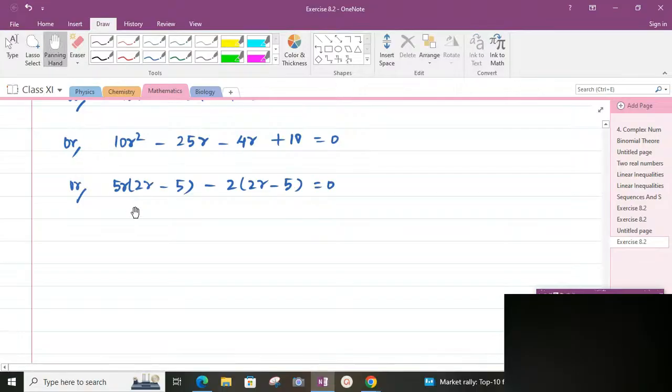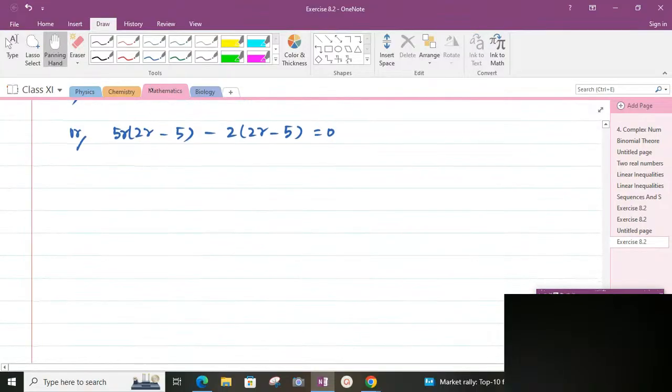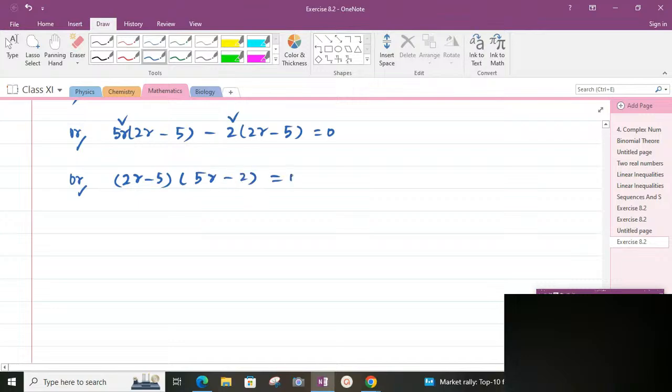Now take 2r minus 5 as the common, then here we get 5r minus 2 equal to 0.